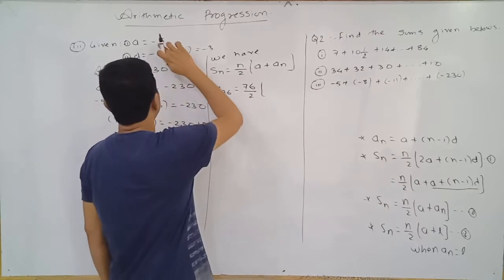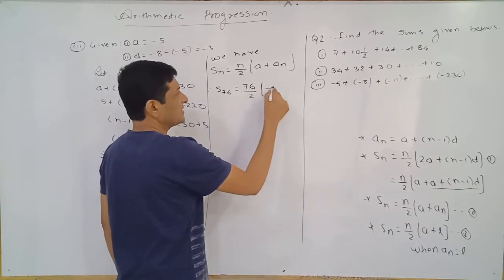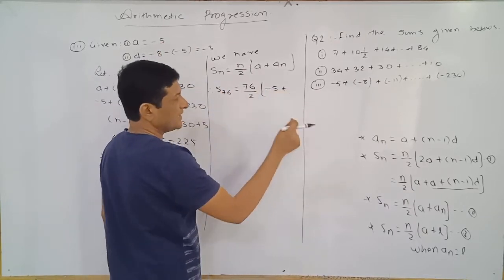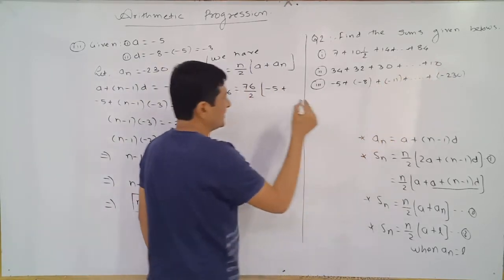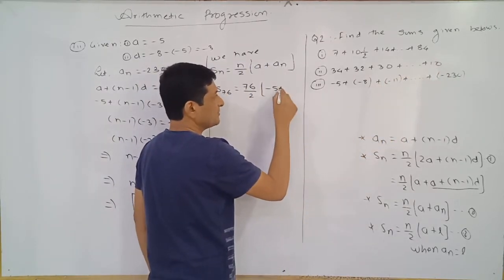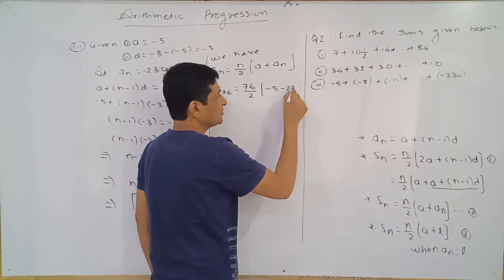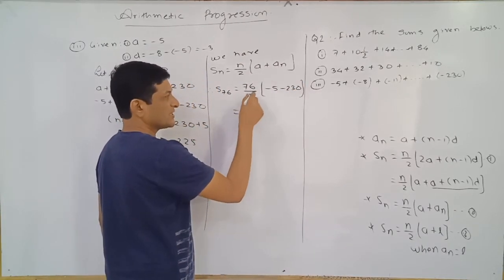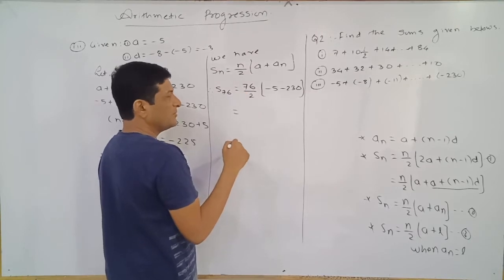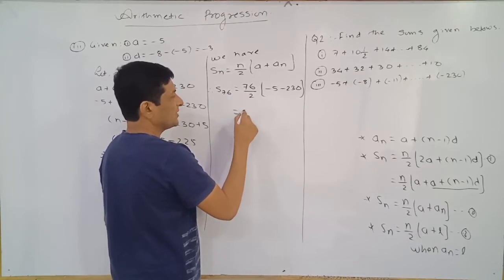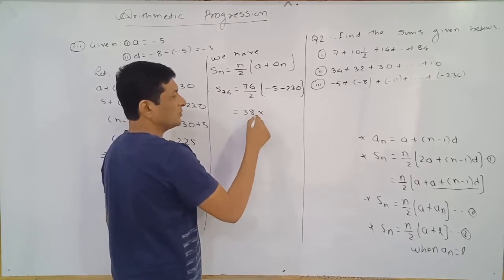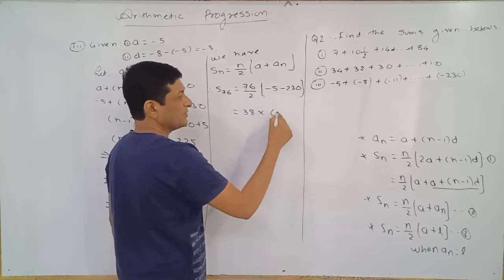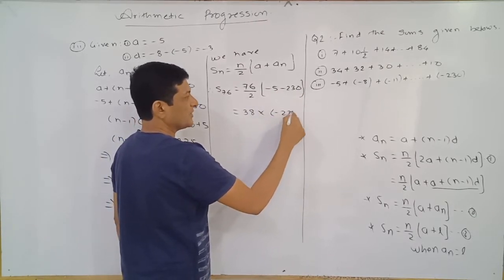What is the value of a here? A is equals to minus 5 plus an is equals to minus 230. Just we have substituted the values. So which is equal to 76 upon 2 will be equals to 38 into, here this addition will be equals to minus 235.